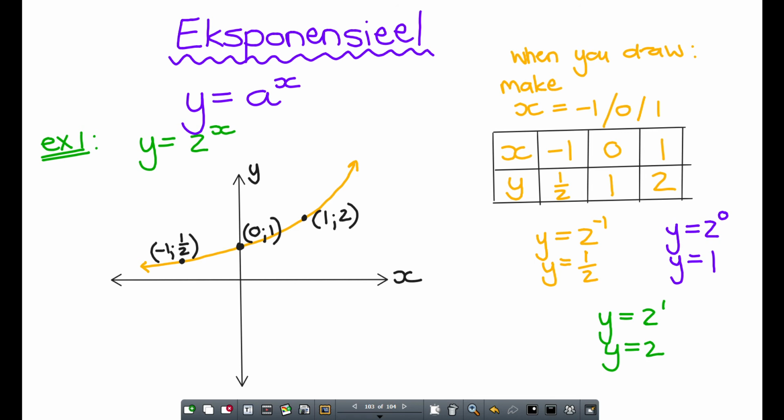Sê gou vir my net dat ek weet nou vir die volgende 3 voorbeelde. Do you guys like the table or do you want to write it out like this? Huh? Julle maak dit ook net vir my maklik hier, nee. It's alright. Okay, kan ek maar skip? Good. Ek het nou gedink ek gaan vir ons kan tyd spaar.